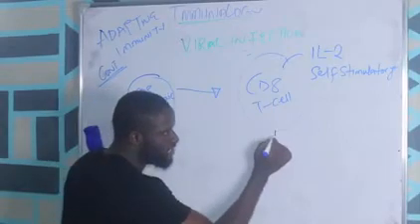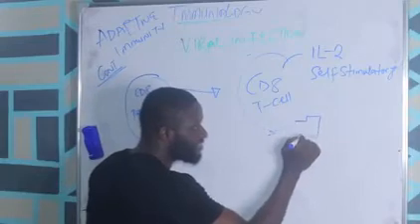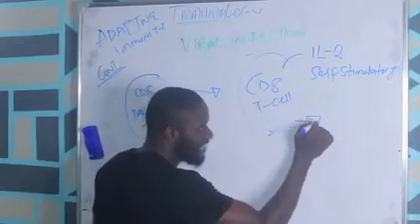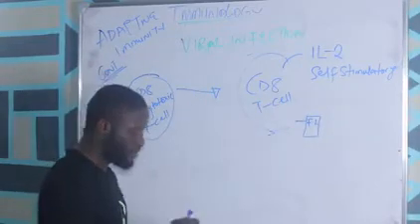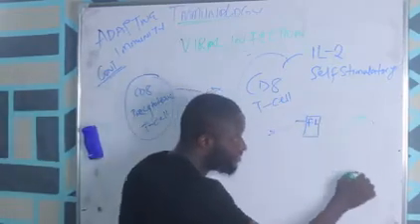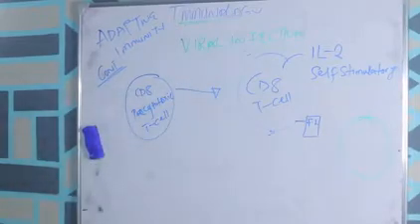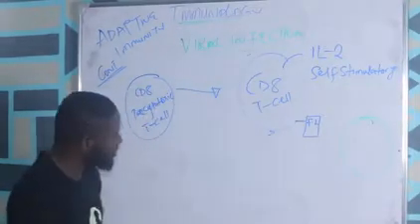On the body of the CD8, we have the Fas ligand. Then the CD8 will look for an infected cell.